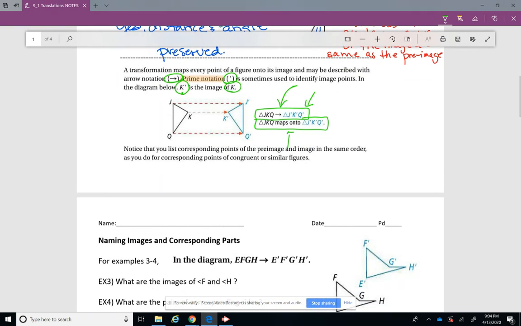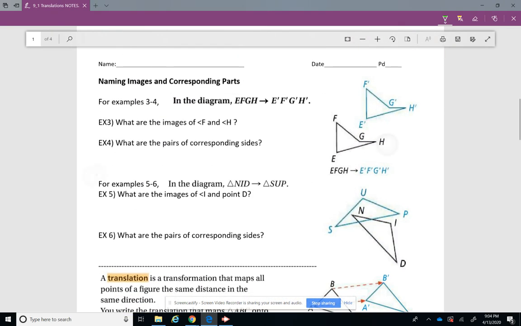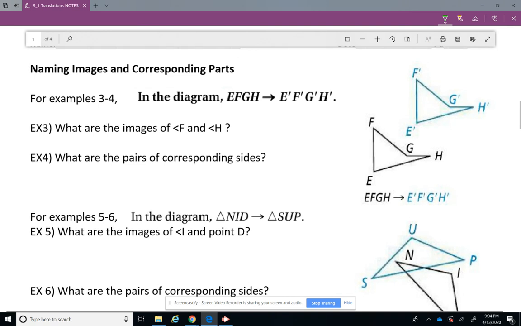Okay, and then I'm still on page 546 right here where it says naming images and corresponding parts. So this is page 546. All right, and in your book it'll say problem number 2 because it's the second type of problem, or kind of like a second concept within the whole big concept. All right, naming images and corresponding parts.